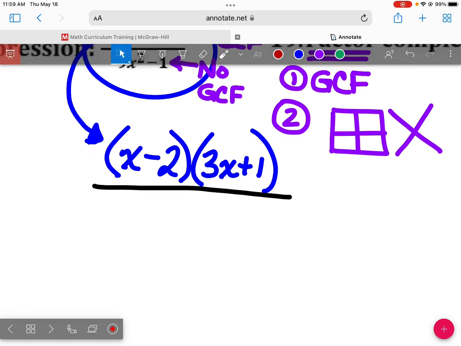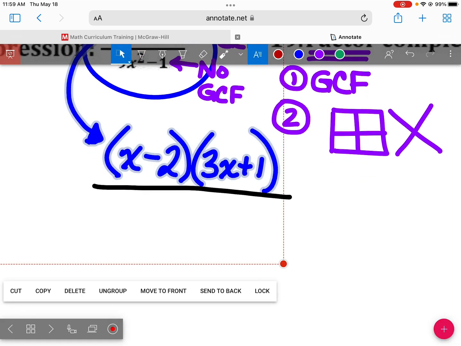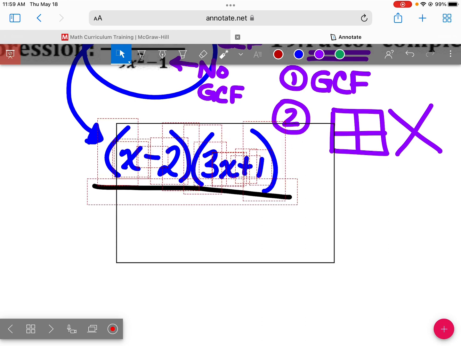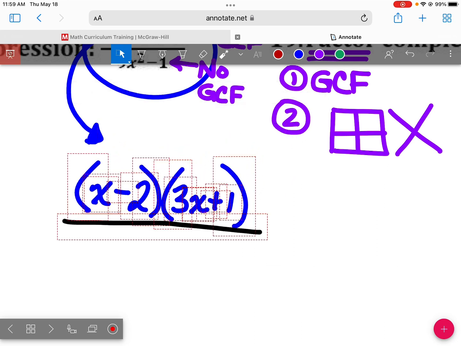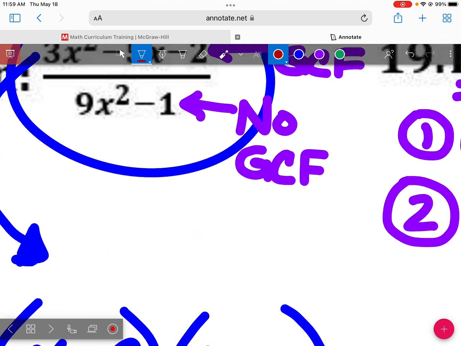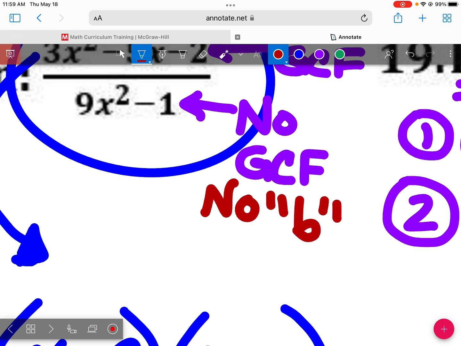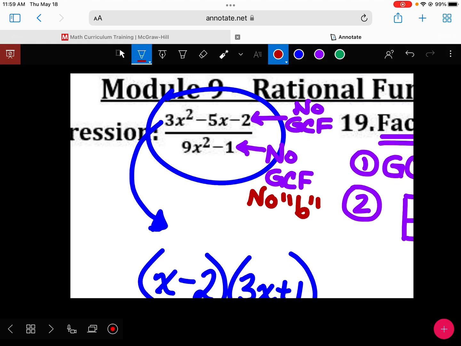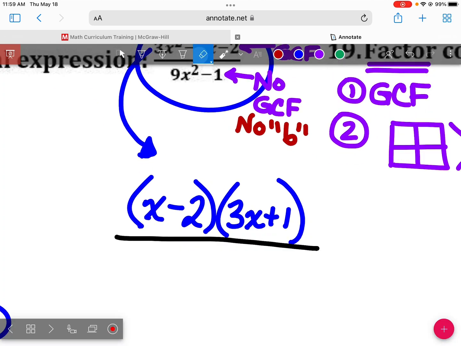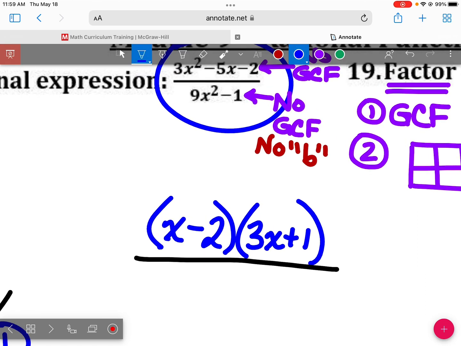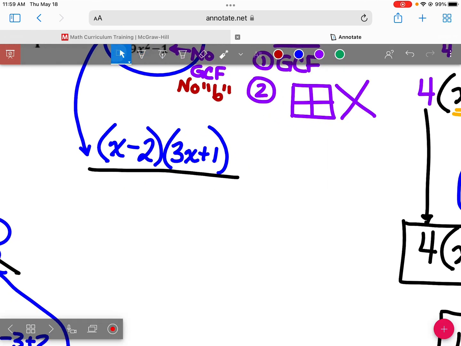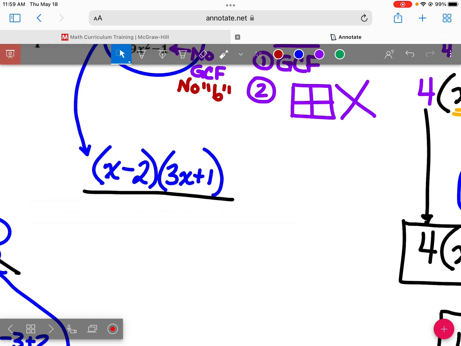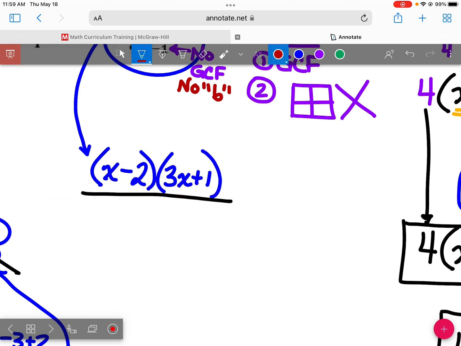Does anybody notice anything special or interesting? It doesn't have a B term. That means this is a special type. What do we call this type if there is no B? Does anybody remember what we call it when there is no B value?